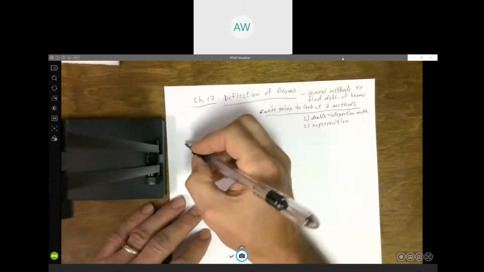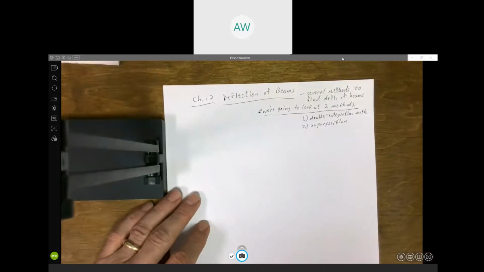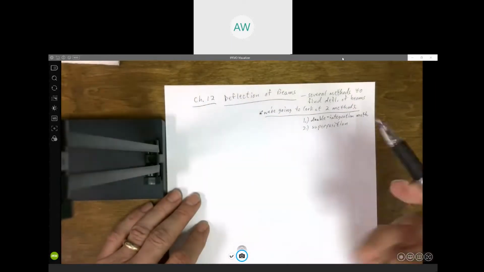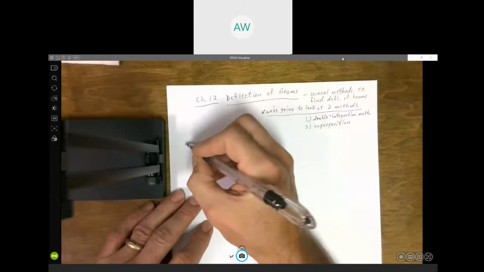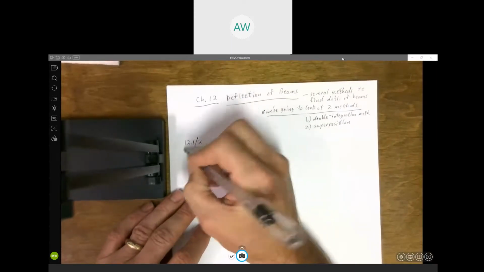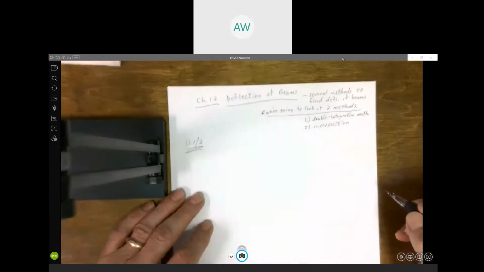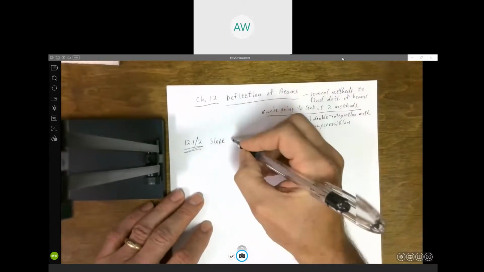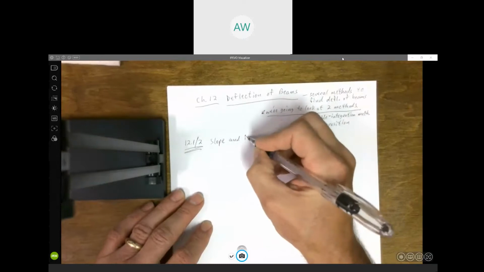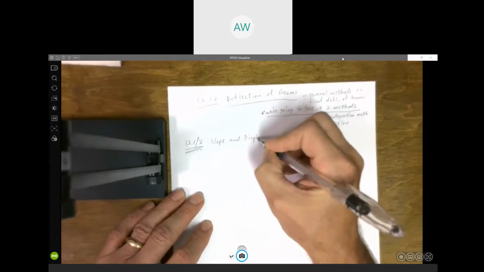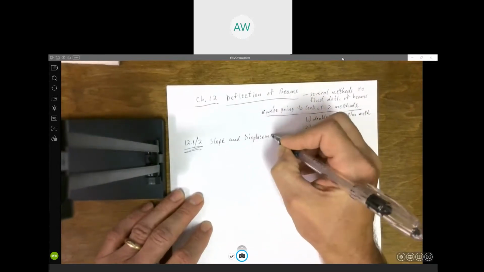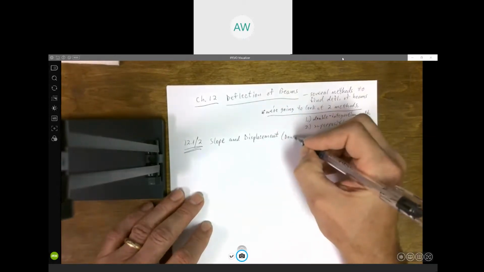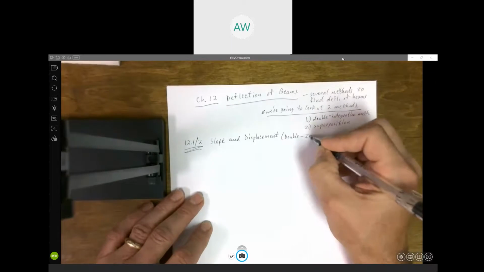So today, we're just going to take somewhere between 5 to 10 minutes to introduce you to this first method. This is the first one covered, in the first couple of sections. And we're going to determine slope and displacement by using this double integration method.